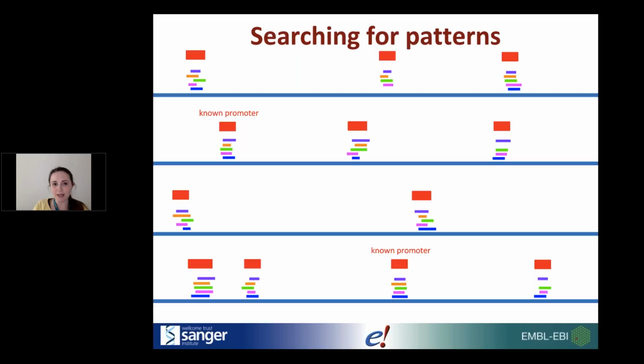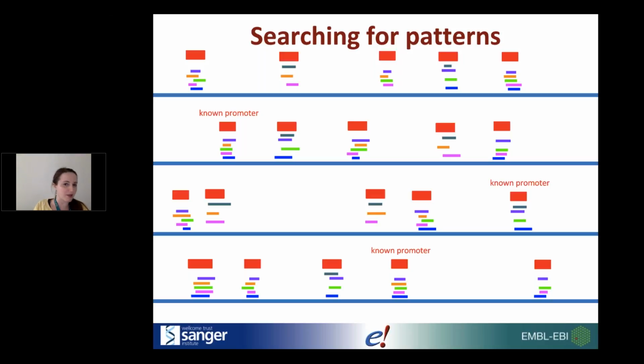Now, it's not so simple as being able to say there's one pattern, and that pattern is always found at all promoters, because there'll be another pattern which also has a known promoter, which we can also say are promoters too. And there'll be another pattern which is again different, which again has some known promoters which match it.